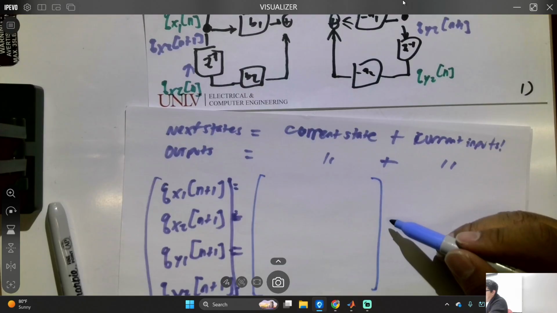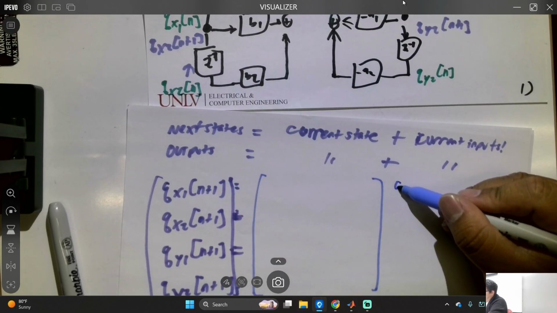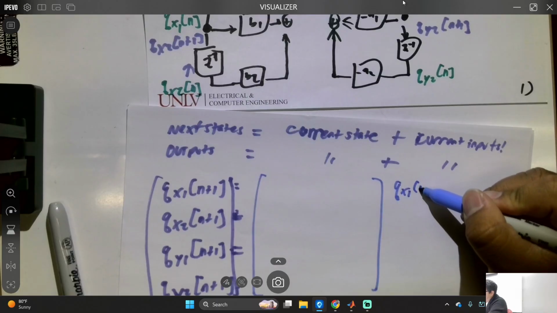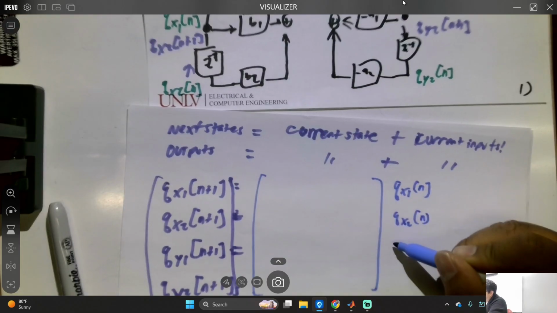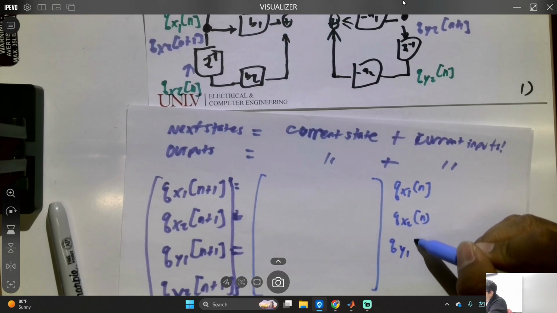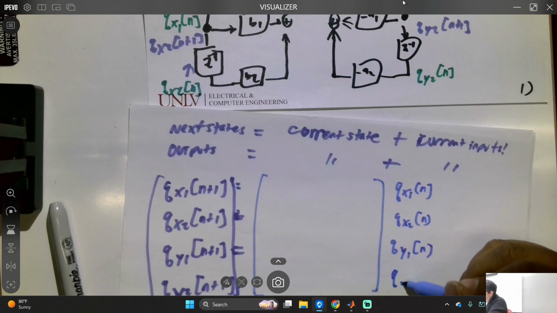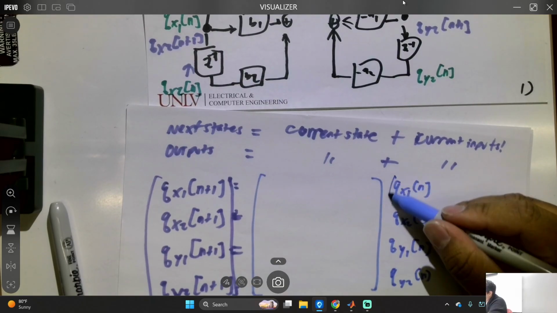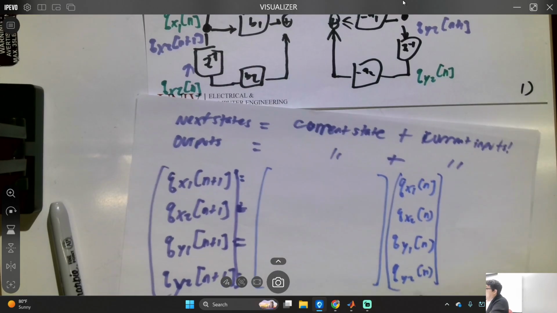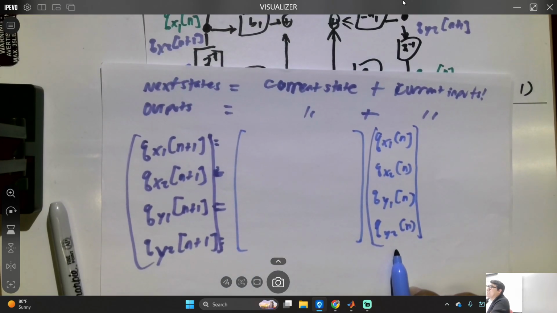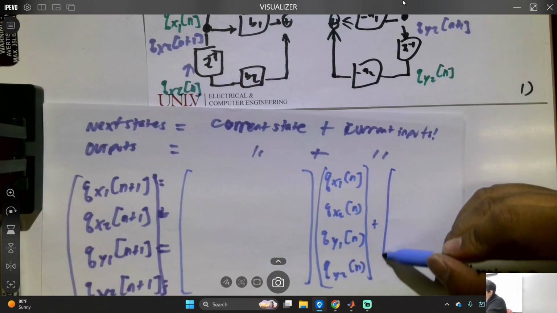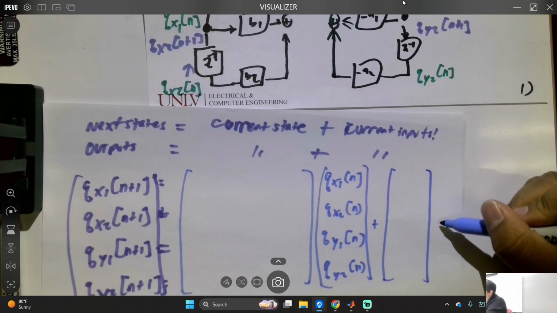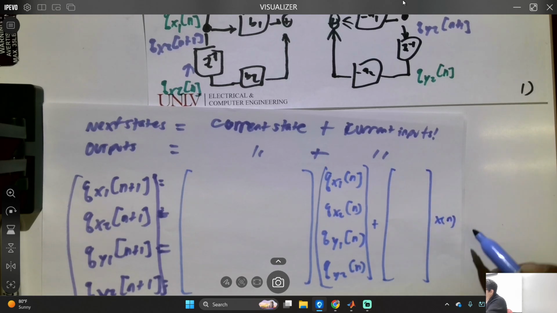It's going to be QX1N, QX2N, QY1N, QY2 of N. And that's my current states. Everyone seeing what's going on? And then plus this B right here, and then my little input.